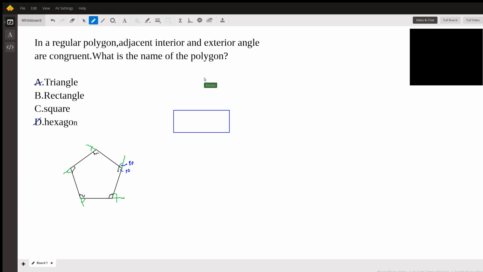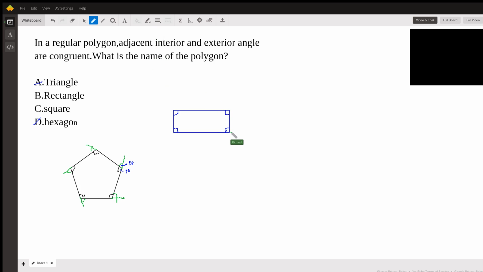If you think of the rectangle, the interior angles are inside, and those are 90. And then the exterior angles, I'll just draw those in the same fashion I did before.